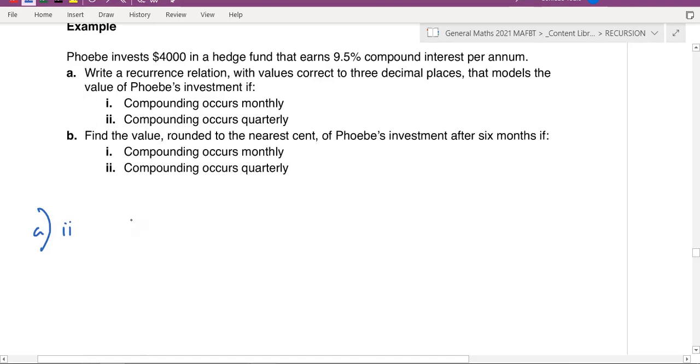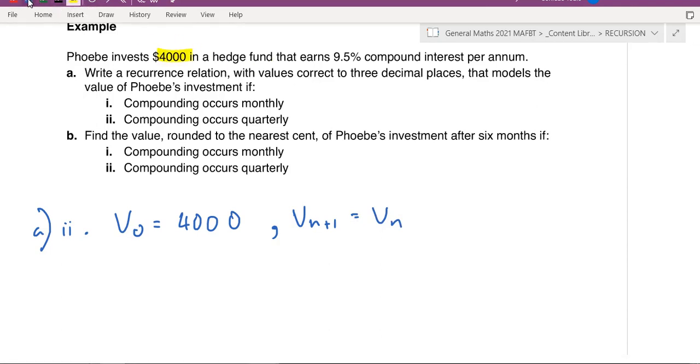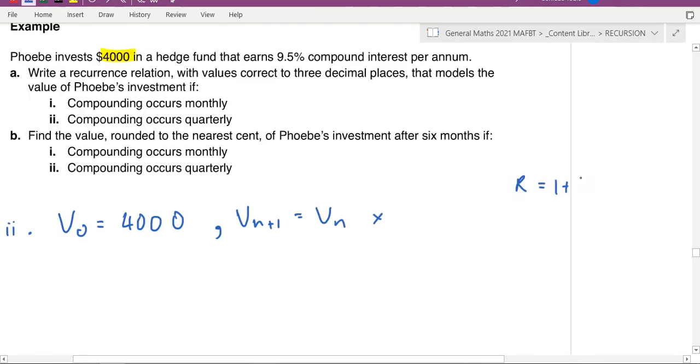So for the recurrence relation, remember just write V0. That's really easy. You know it's 4,000. I don't even have to read the rest of it. I know that that's where it starts. But in the exam, in the SAC, just make sure you double check. But I can tell, reading the question, 4,000 in a hedge fund earns 9.5%. Okay. So to find the R for this, it's going to be 1 plus the percentage rate divided by the number of compounds.